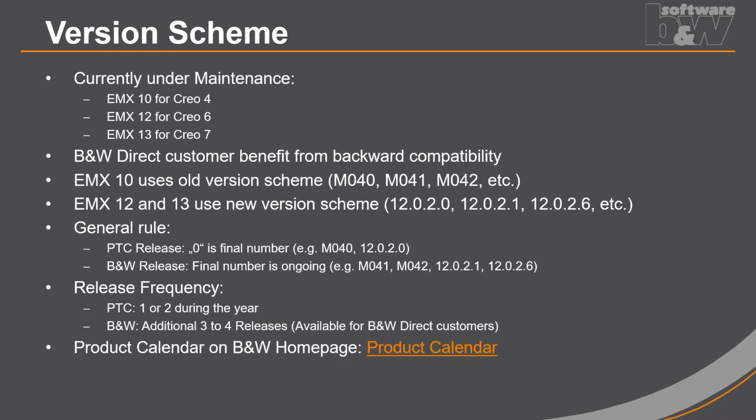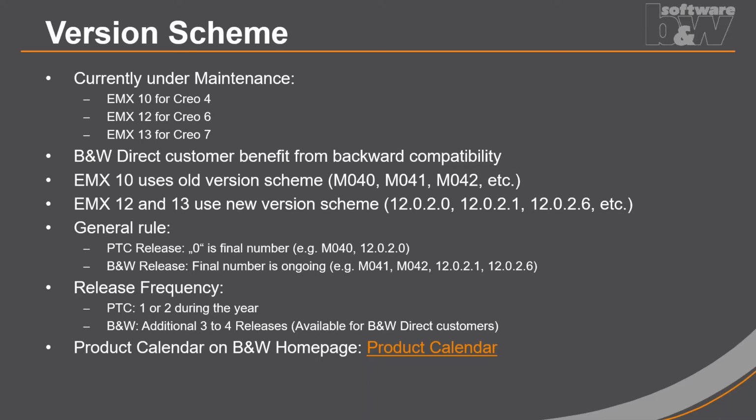Okay, so first of all, for your understanding, our version scheme: currently we have 3 EMX versions still in maintenance, which are EMX 10 for Creo 4, EMX 12 for Creo 6, and EMX 13 for Creo 7.